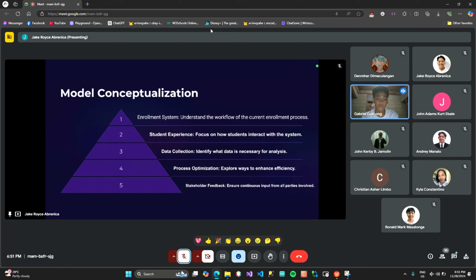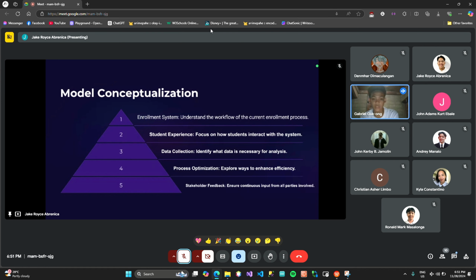Next, we'll explore process optimization strategies to enhance efficiency, whether through automation, better system infrastructure, or resource management during peak periods. Continuous stakeholder feedback from students, staff, and IT personnel will ensure we're meeting the needs of all parties involved, making the enrollment process smoother and more effective for everyone.